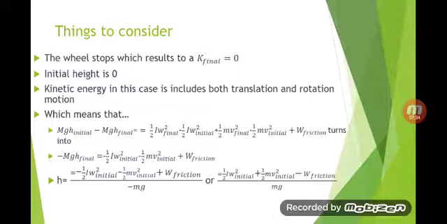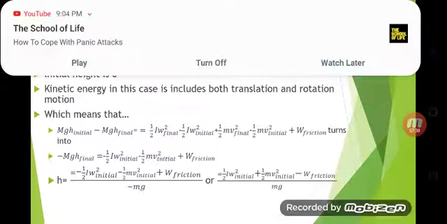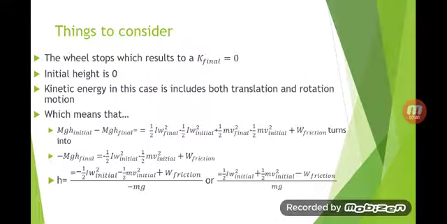work done by friction. If you derive this, we get height is equal to 1/2 Iω² initial plus 1/2 mv² initial minus work done by friction, over weight, which is mg. So just plug that in.